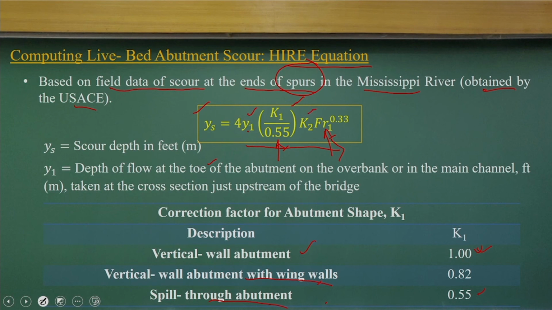That's what we look at from these tables: what type of abutment we should construct, a vertical wall abutment or a spill-through abutment. The spill-through abutment will have almost half the scour of the vertical wall abutment, and a vertical wall abutment with wing walls will be 0.82.